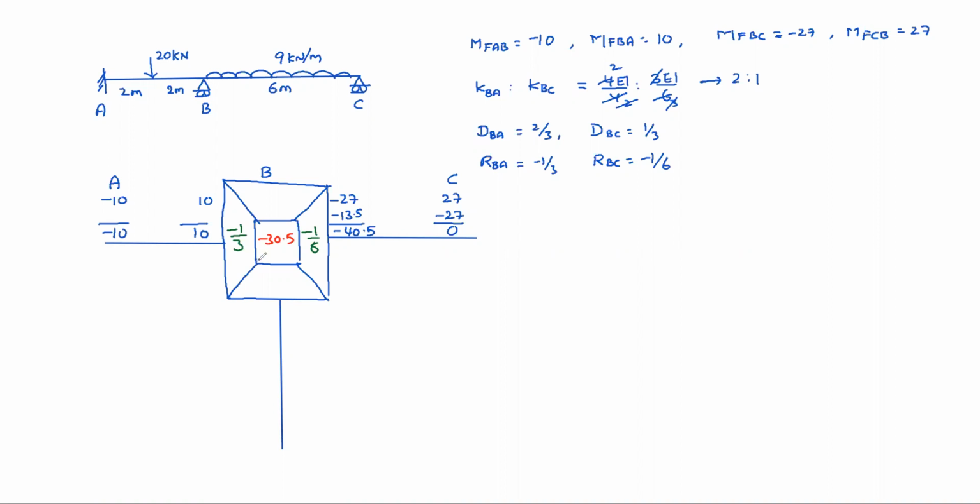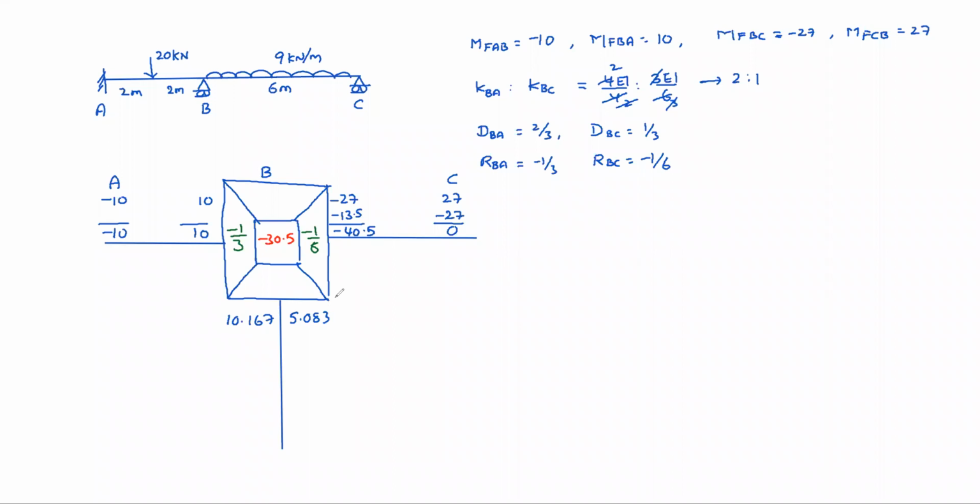So minus 1 by 3 into minus 30.5. How much? 10.167. Similarly, minus 1 by 6 into minus 30.5. Starting, you cannot expect any far end contributions. 5.083. So nothing to do now.